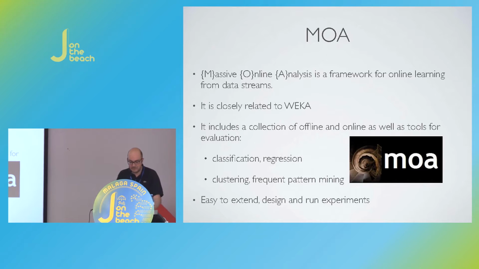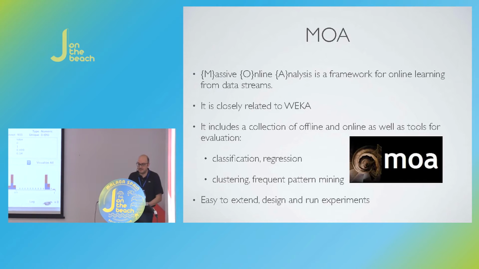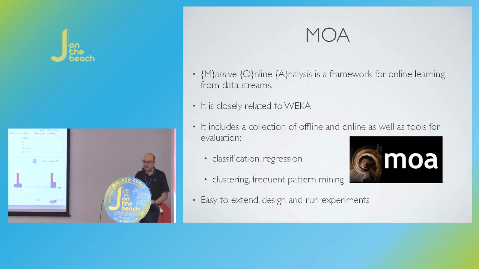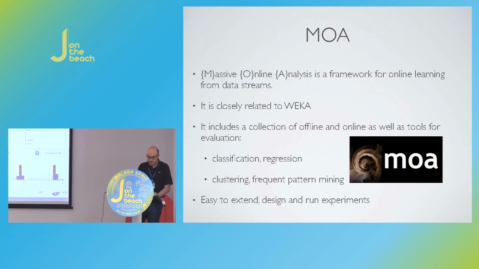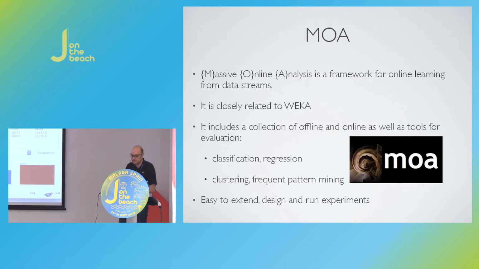So let me show the difference between MOA and Weka. Let me try to show you how Weka works. So in Weka, what we have is one data set. In this case, it's an electricity data set. What we want to do is predict if the price of the electricity is going to go up or down.